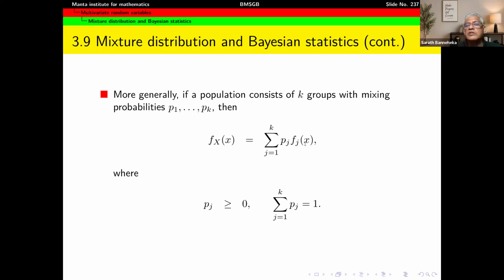So this is just a direct extension of what we had earlier. It is just the sum of pj times individual densities, where the pj's are the weights, and fj(x) is the density function of x for the jth group, right?